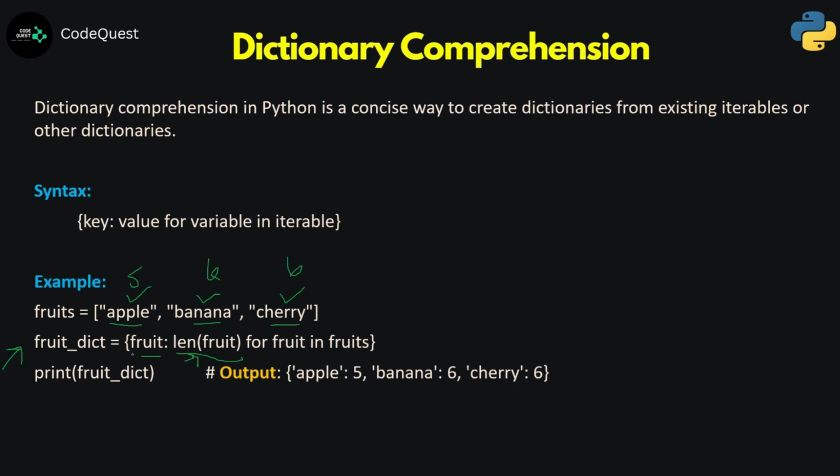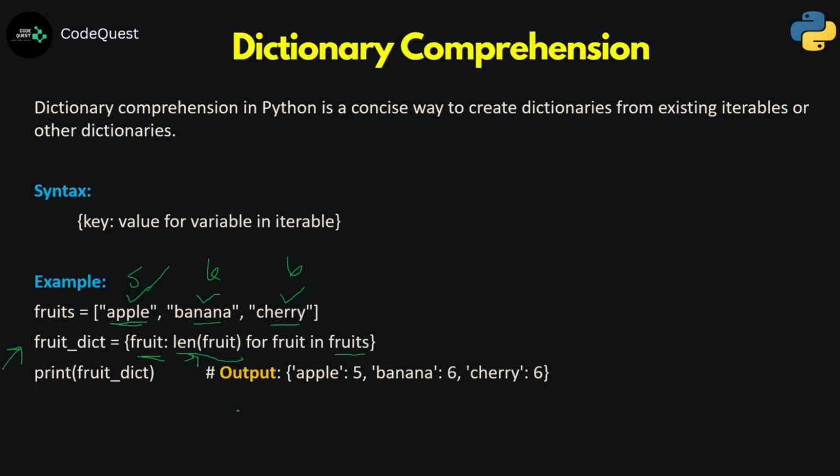So this is going to create each element of this fruits list as a key, and the corresponding value is the length of each of these items.